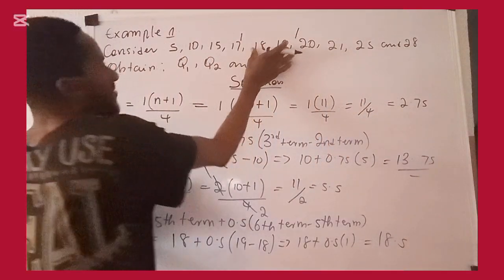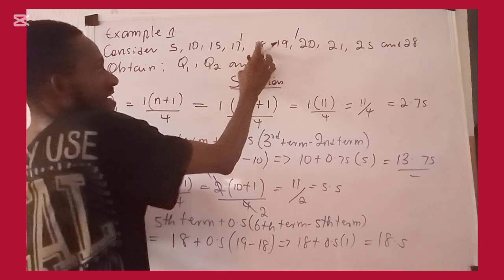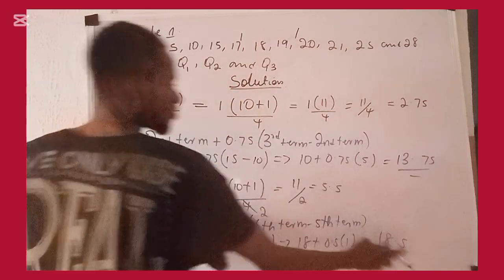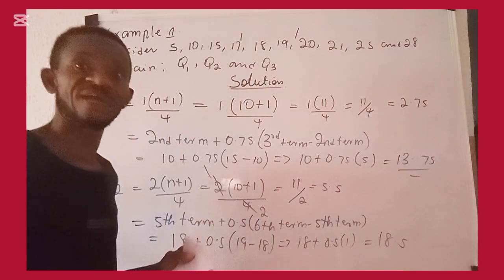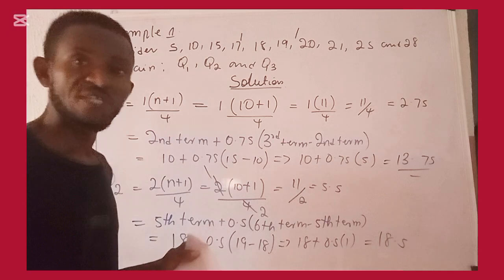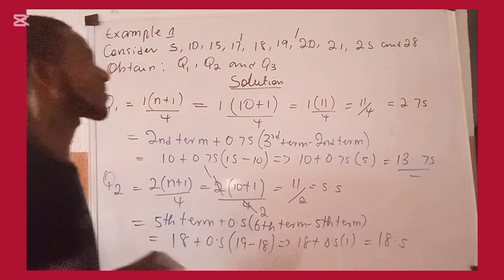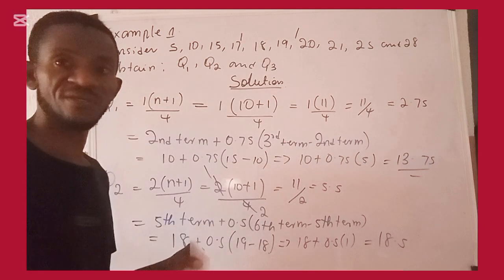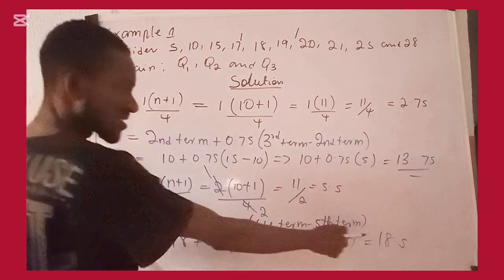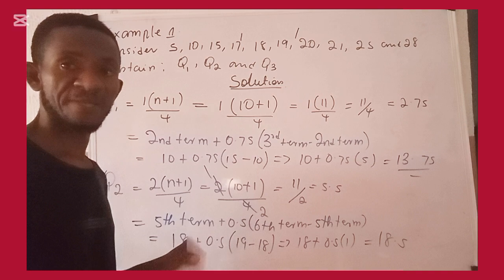These are two observations in the middle at the same time. 18 plus 19 divided by 2 gives you 18.5. This is in agreement that our second quartile is the same thing as the median, because it is the median that I found that way.